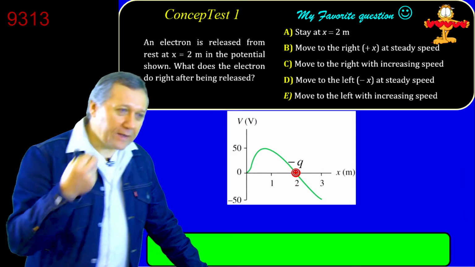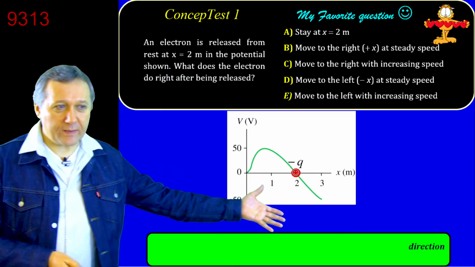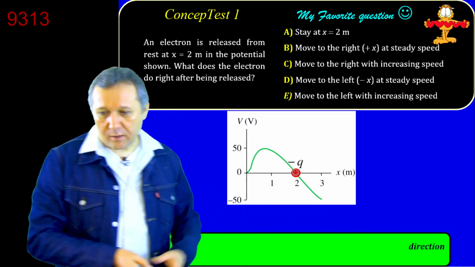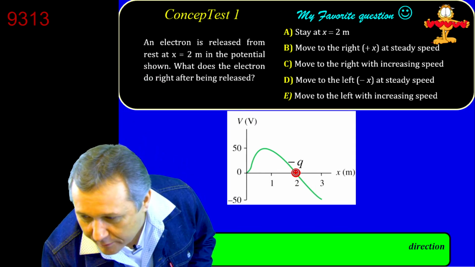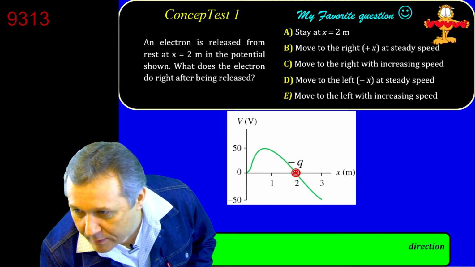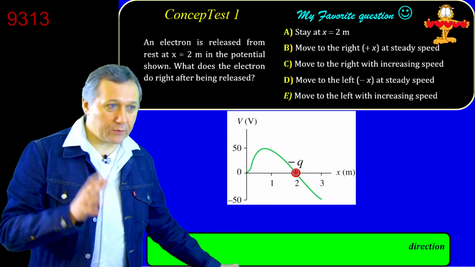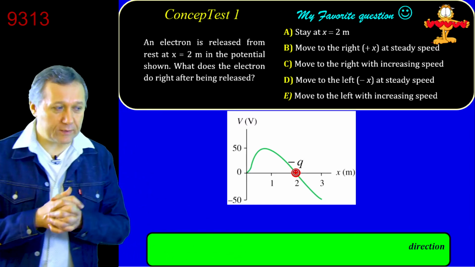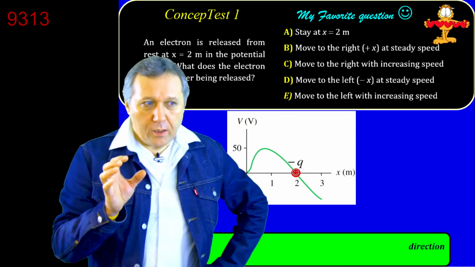Okay, so the final point: we need to find a direction of motion, and along this way we will also realize that acceleration is there. So we need to find information about the direction of motion of this electron. How can we get that?